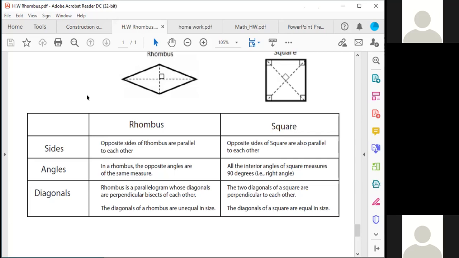Okay. The angle part is good. Again, a rhombus is a parallelogram whose diagonals are perpendicular bisectors of each other. You cannot say the diagonals of a rhombus are unequal in size.